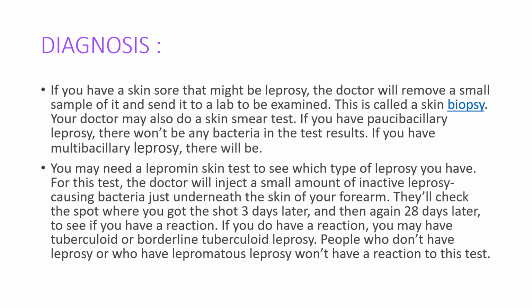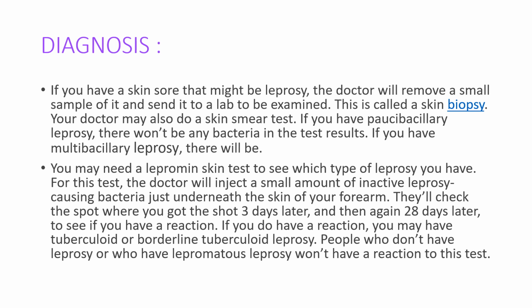You may need a lepromin skin test to see which type of leprosy you have. For this test, the doctor will inject a small amount of inactive leprosy-causing bacteria just underneath the skin of your forearm. They will check the spot where you got the shot 3 days later and then again 28 days later to see if you have a reaction.